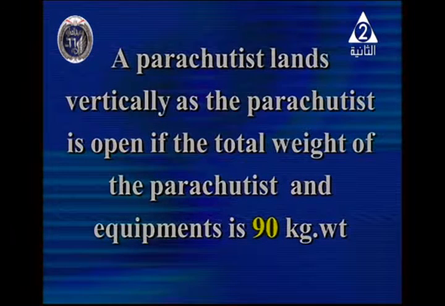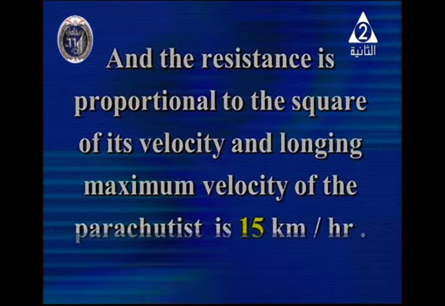A parachutist lands vertically as the parachute is open. If the total weight of the parachute and equipment is 90 kilogram weight, the resistance is proportional to the square of its velocity.